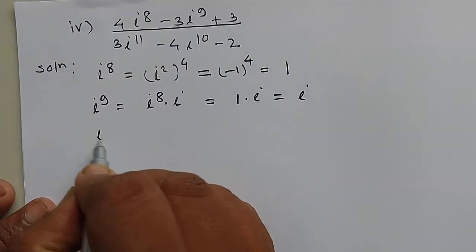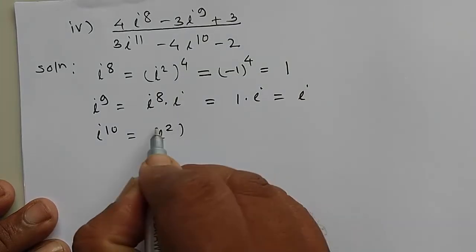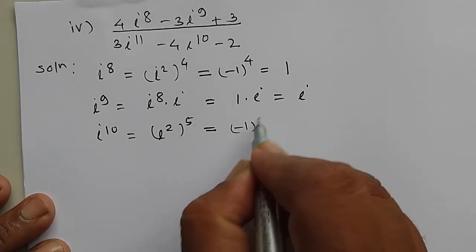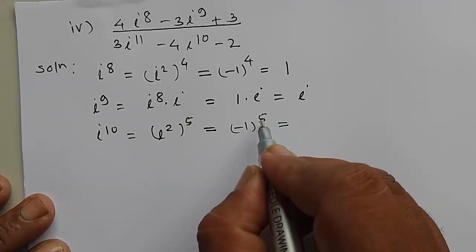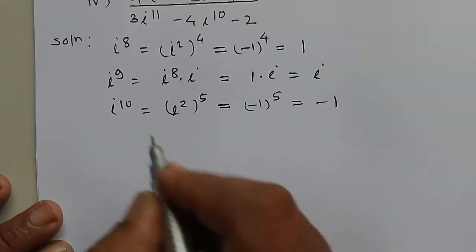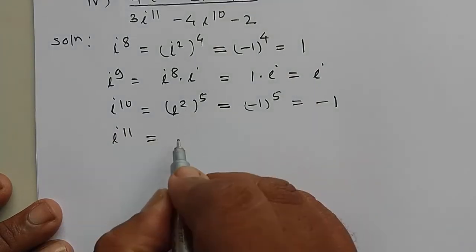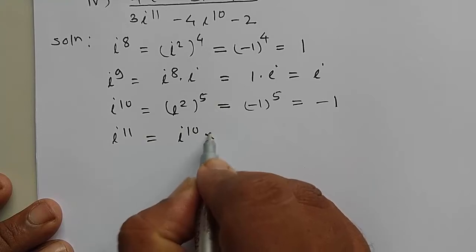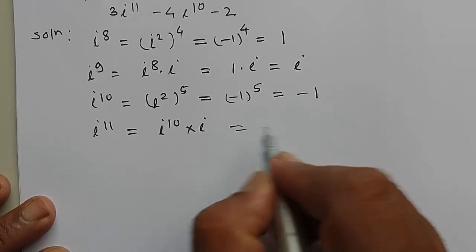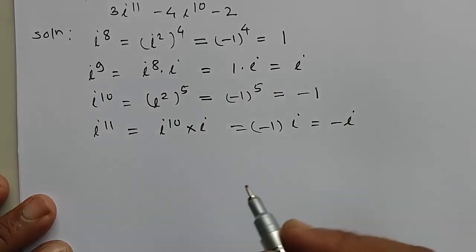Next, i raised to 10 is equal to i square raised to 5. So it is minus 1 raised to 5, the 5 being an odd number, so it is minus 1. i raised to 11 is equal to i raised to 10 into i, is equal to i raised to 10, we have just calculated minus 1, into i is equal to minus i.